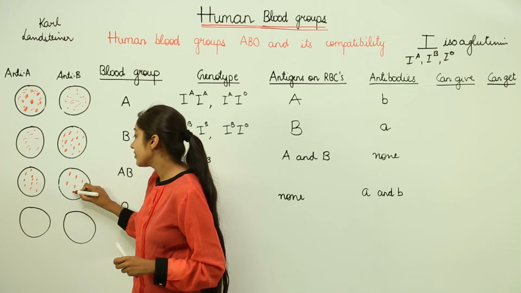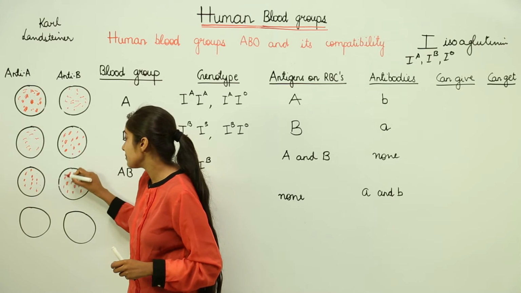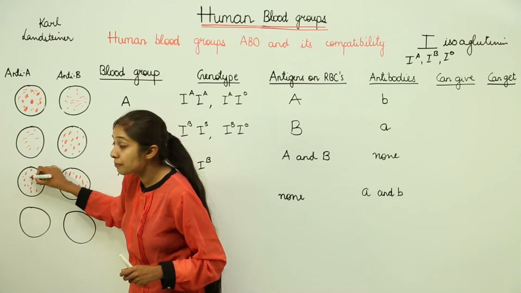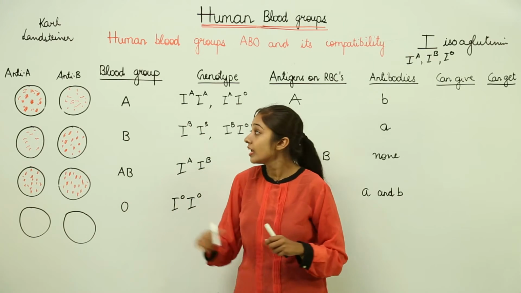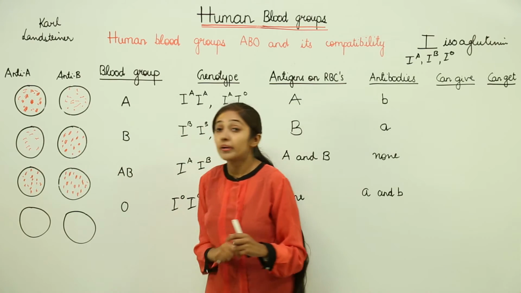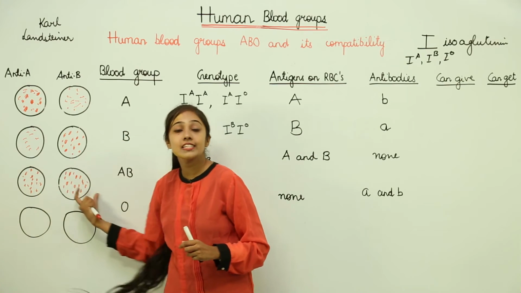So if there is coagulation in both serums, then definitely this blood group is AB. Remember, in case of A there was coagulation with only A, in case of B with only B, but in case of AB, there was coagulation with both the anti-A and anti-B serums.